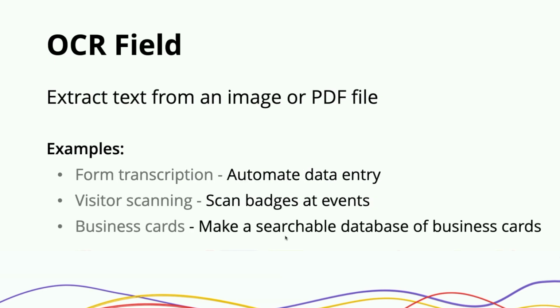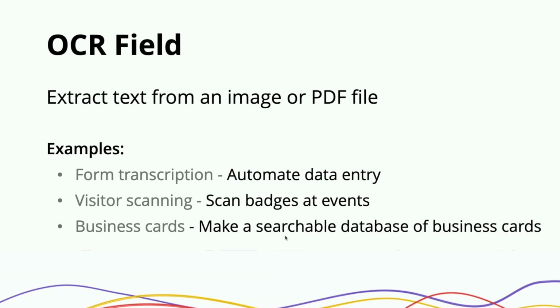Okay, so then we have the OCR field. So the OCR field lets you extract text from images and PDF files. And so, one idea could be if I want to build an app that can scan like a standardized event badge and extract somebody's name and company or something like that.